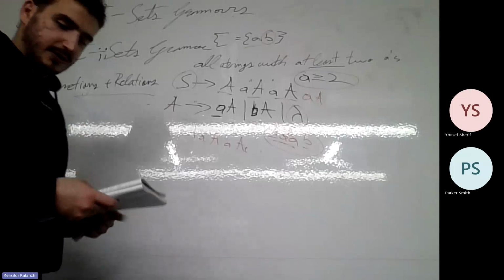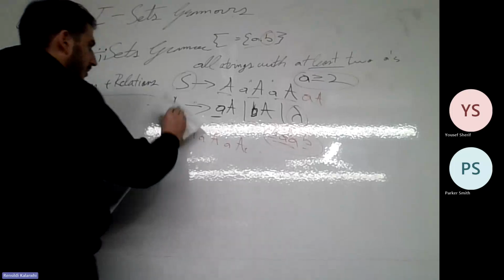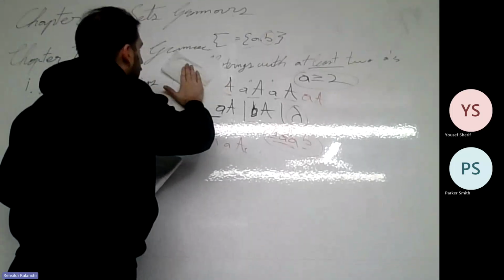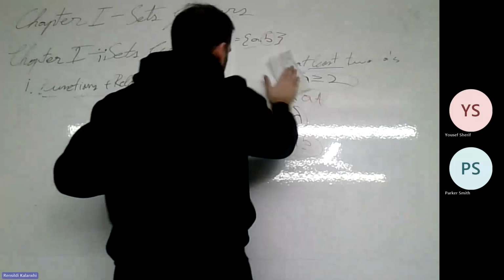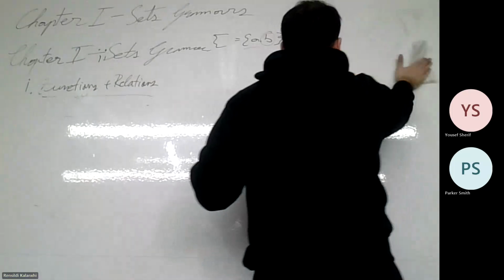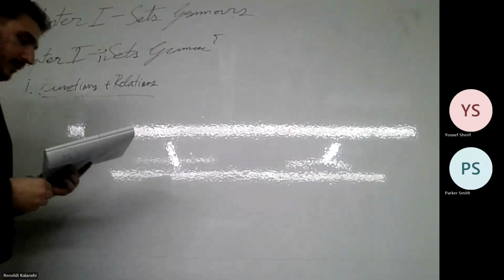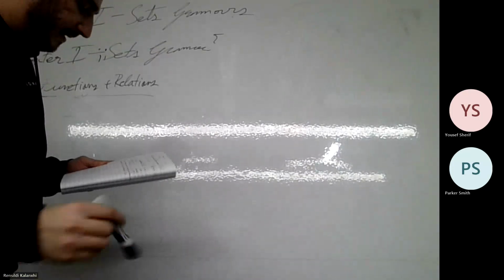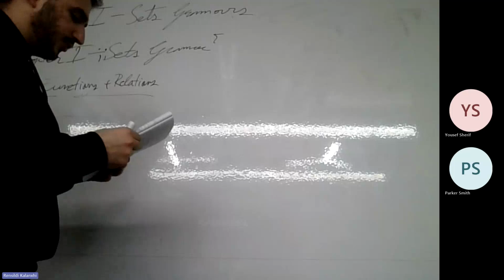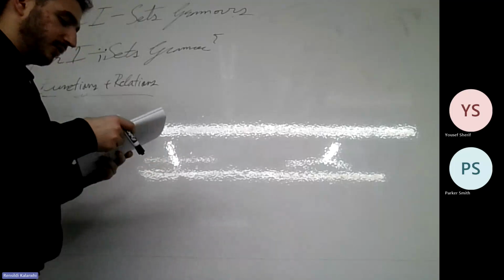So we're talking about homework, problem 5 on homework 1. It says design a transducer to convert a binary string into a hexadecimal.